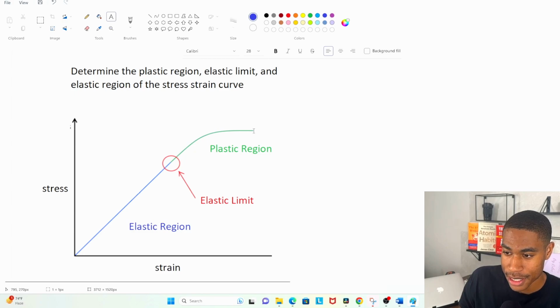So basically I got to the end of my stress-strain curve by cracking those different pieces of wood. I say all that to say that your plastic region is the region at which, once you put so much stress on it, there is no coming back. There is no coming back.